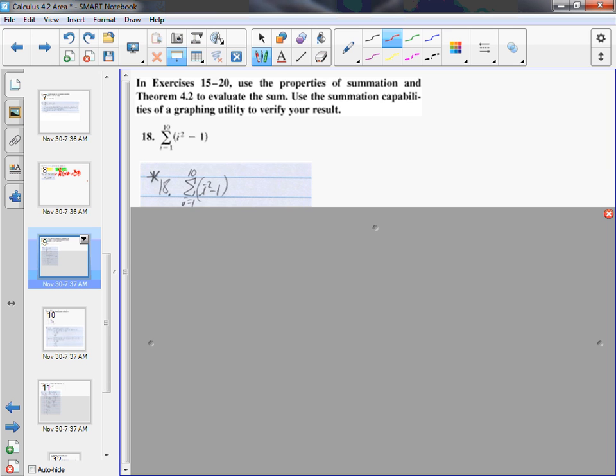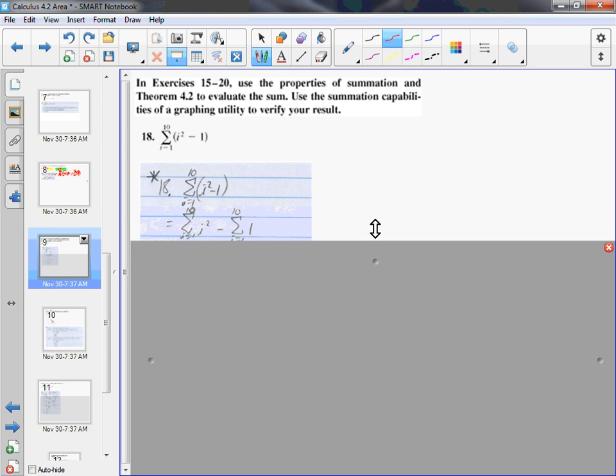Number 18. Use the properties of summation and theorem 4.2 to evaluate the sum. All right, so we've got the sum from I equals 1 to 10 of I squared minus 1. One of our properties says that if our term is actually two or more terms, we can make that the sum of the first one plus the sum of the second one.